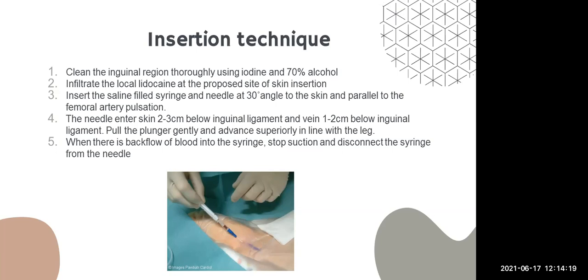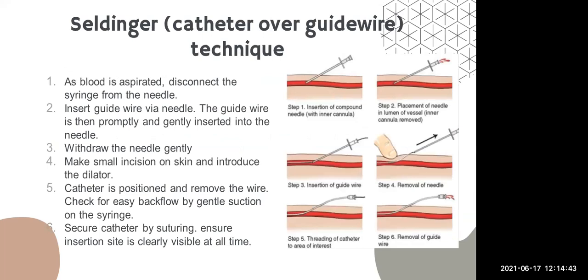The needle will enter the skin 2 to 3 centimeters below the inguinal ligament and the vein 1 to 2 centimeters below the inguinal ligament. Pull the plunger gently and advance superiorly in line with the leg. When there is a backflow of blood into the syringe, stop the suction and disconnect the syringe from the needle. This is the Seldinger technique.